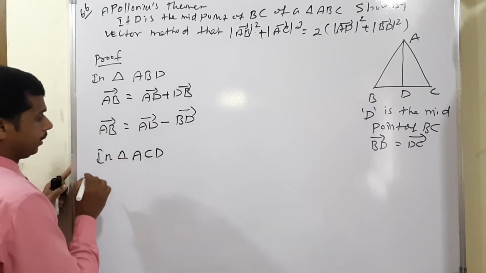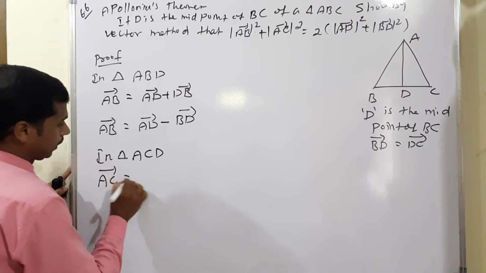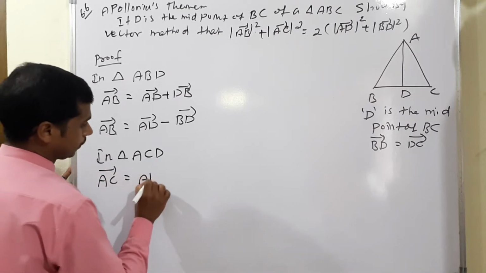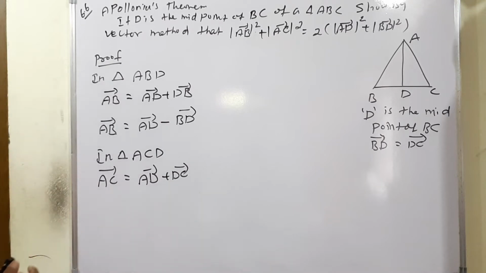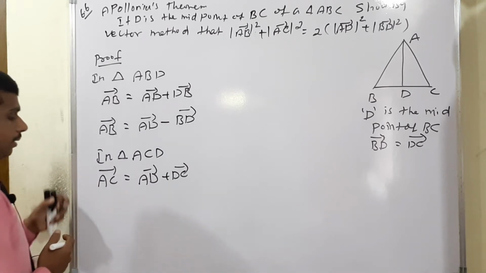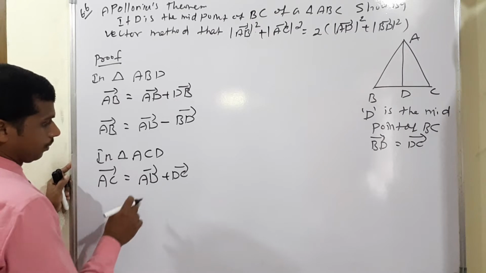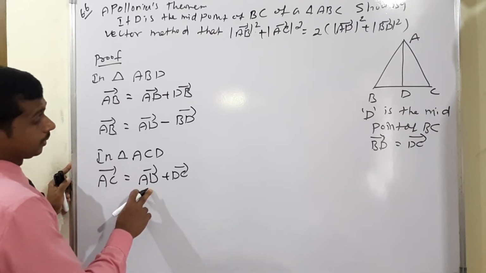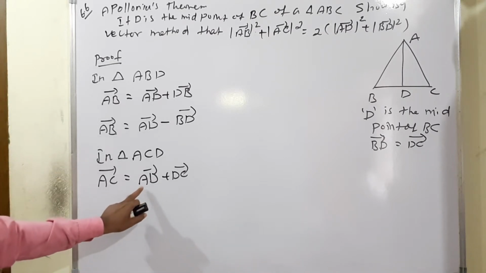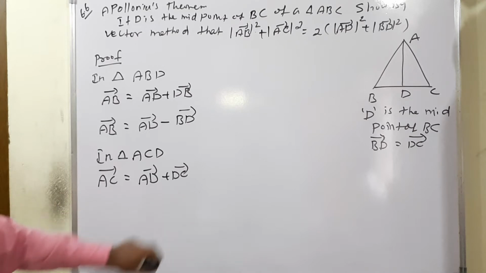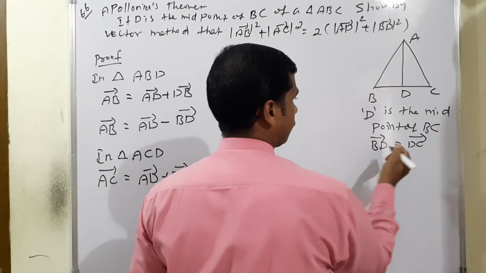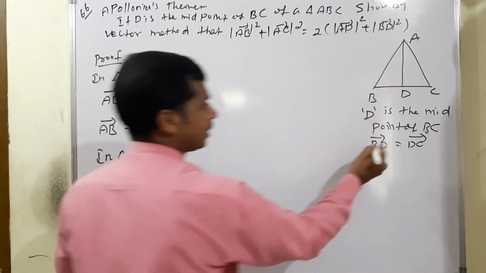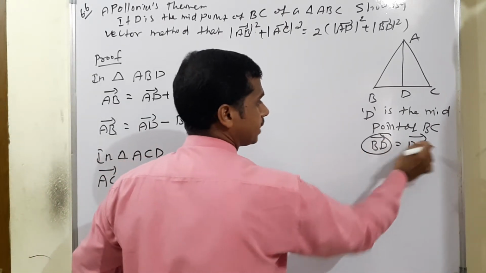ACD means AC vector is equal to AD vector plus DC vector, isn't it? Now, already we know D is the midpoint, so instead of DC we can write BD, because BD vector is equal to DC vector.